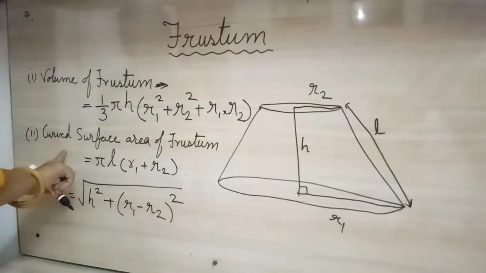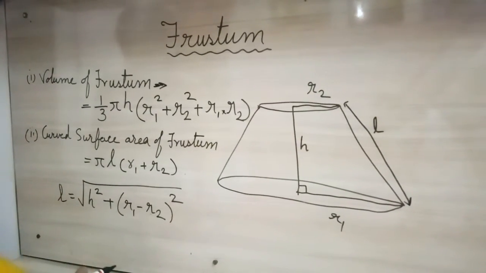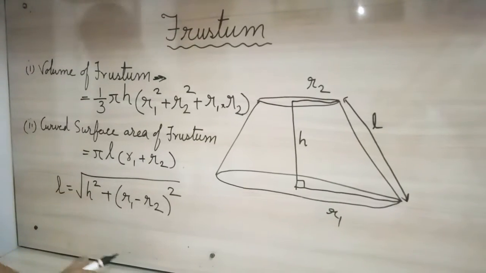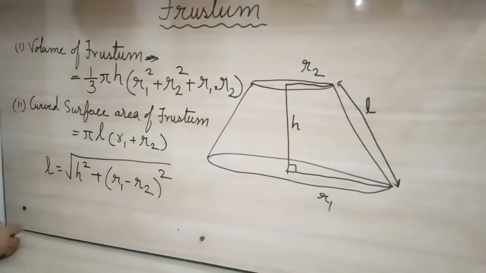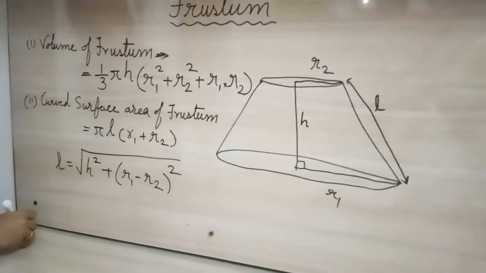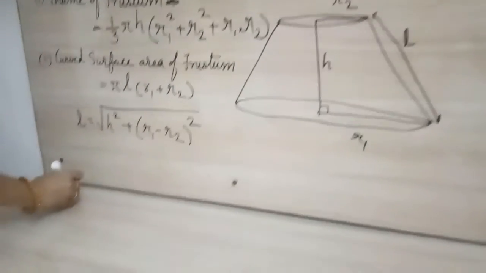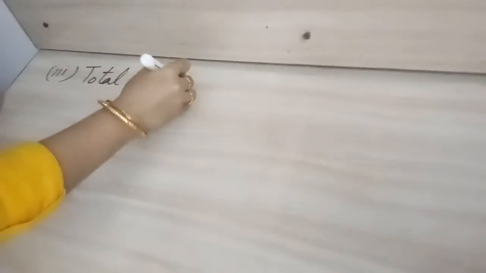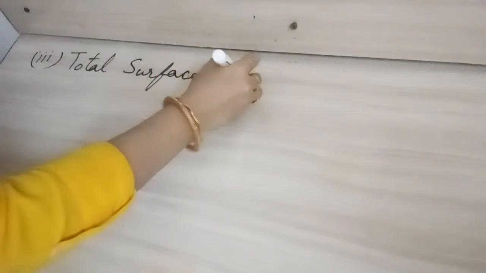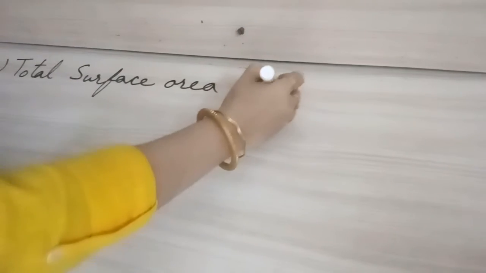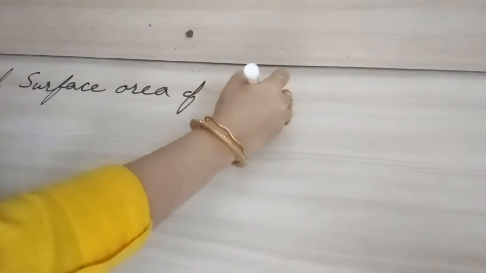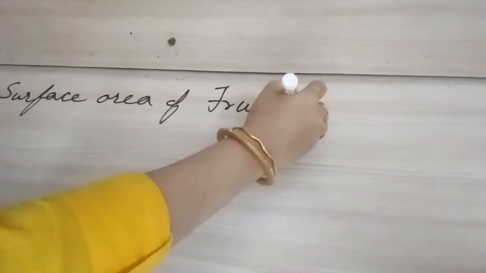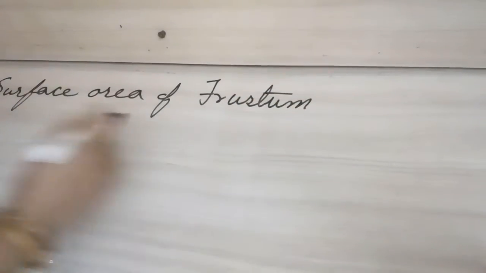Now the third topic which remains is total surface area. So now let's see how total surface area is done. Third topic we are going to do here is total surface area of frustum.